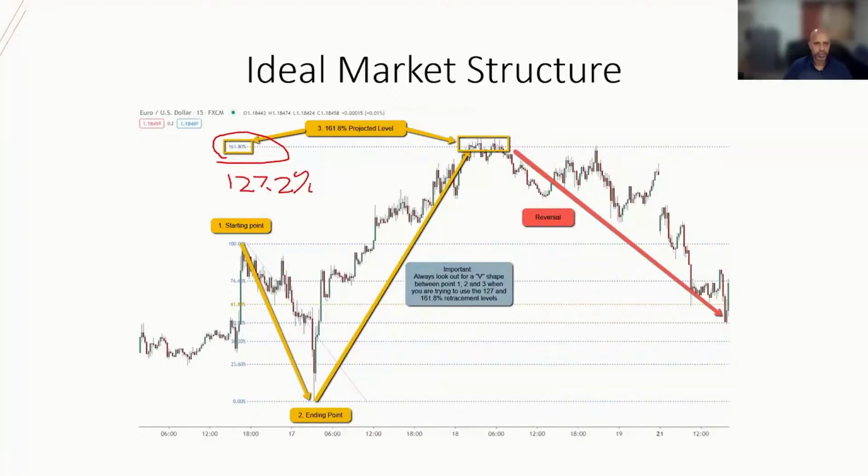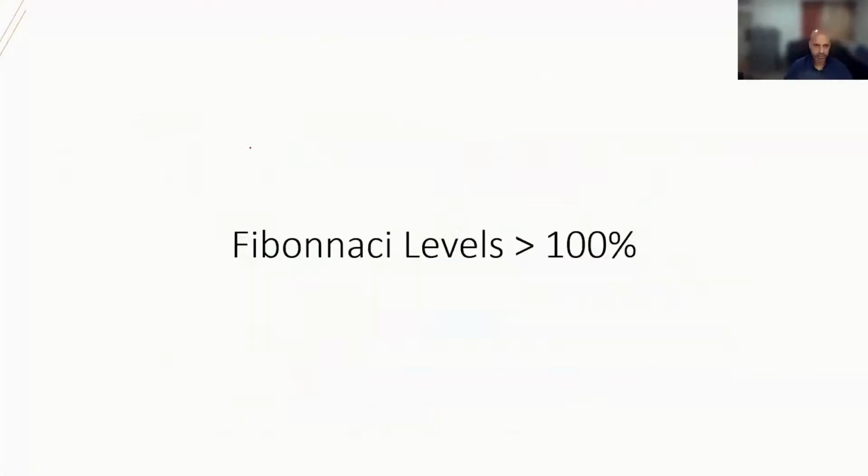These are the two key significant retracement levels that are greater than 100, and these levels that are greater than 100 are also known as Fibonacci extensions. All right, do take note. So if you come across the term Fibonacci extension levels, it is simply referring to levels that are greater than 100%, and they're specifically referring to 127.2% and 161.8%, right?